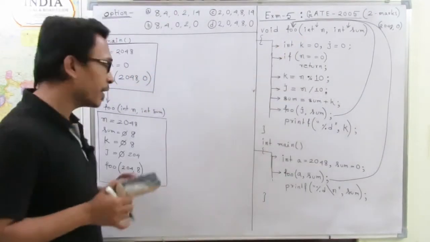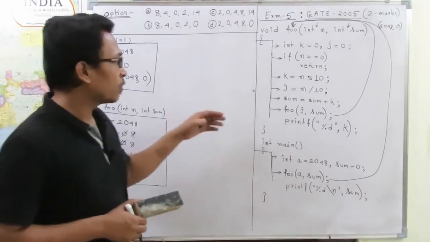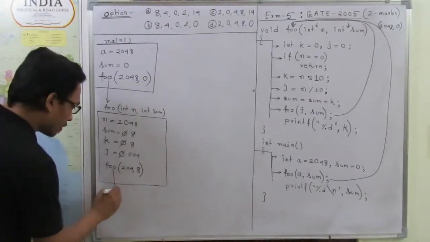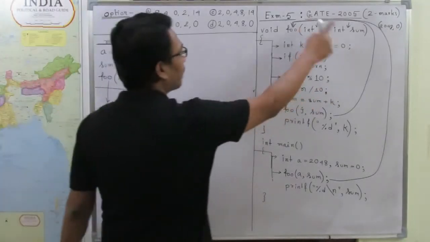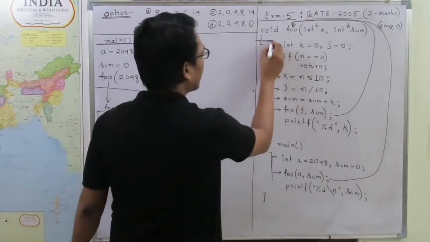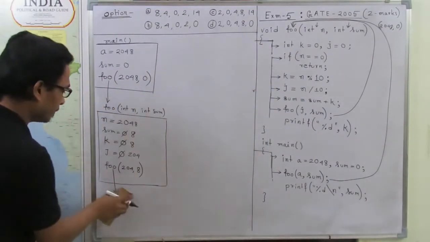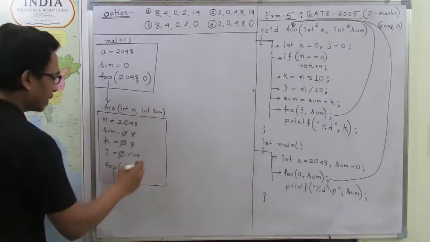That is what makes the difference. Clear? So control enters inside the foo definition and creates a new memory block for this foo definition.